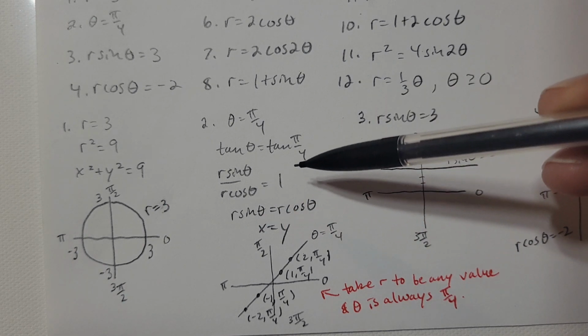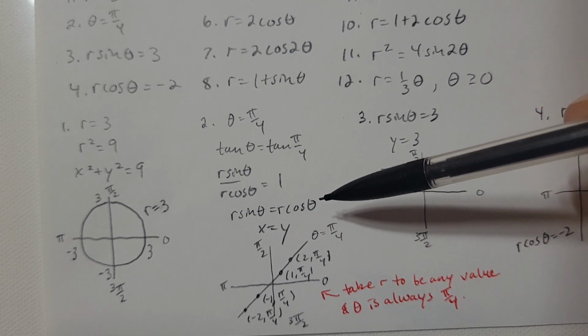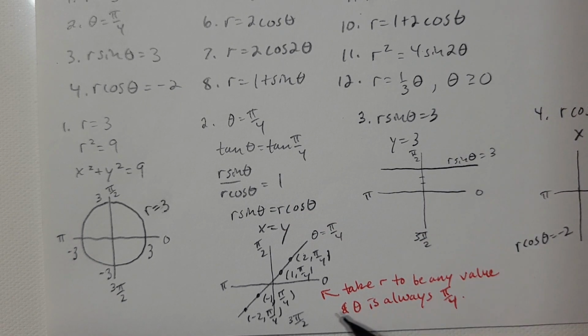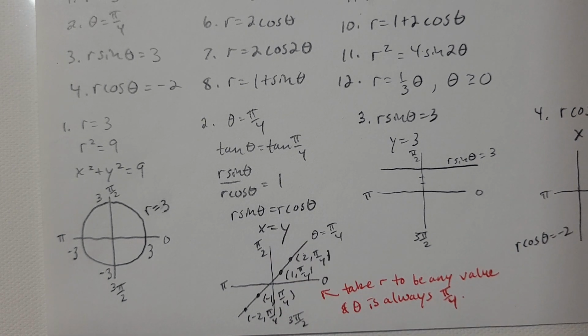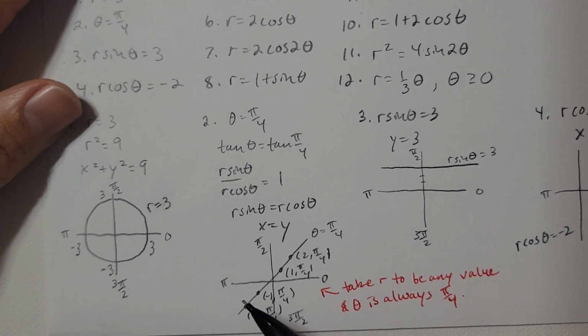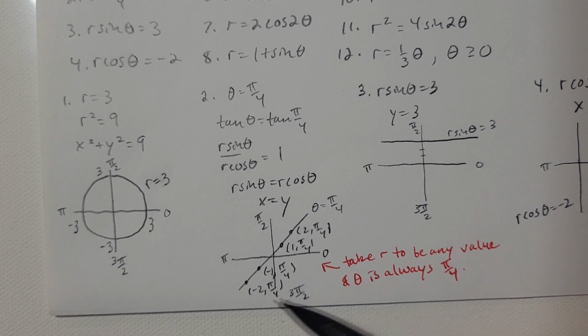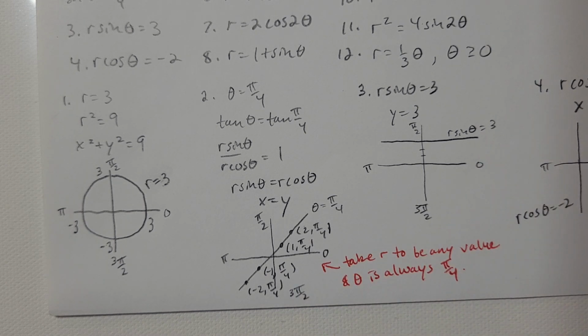So then if I multiply both sides of this equation by r cosine theta, I got r sine theta equals r cosine theta. And the reason why I did that is because r sine theta, that's what I'm calling x. R cosine theta, that's what I'm calling y. So in other words, I need to graph the line x equals y. Well, that's a line flowing through quadrants 1 and 3, in rectangular form.